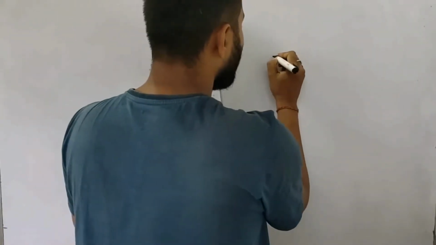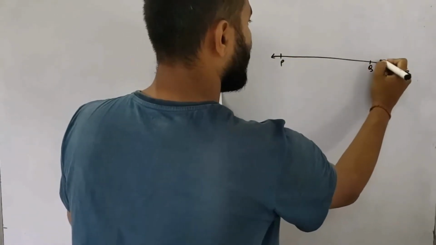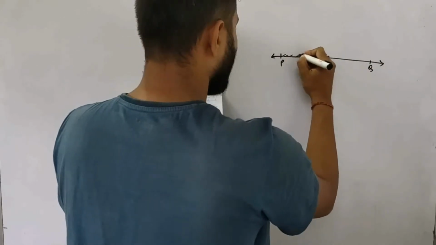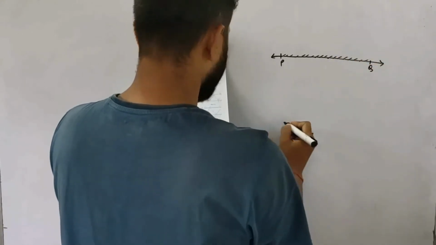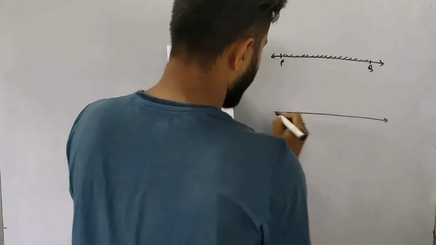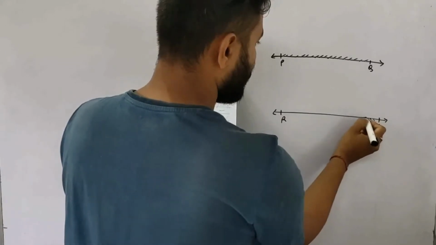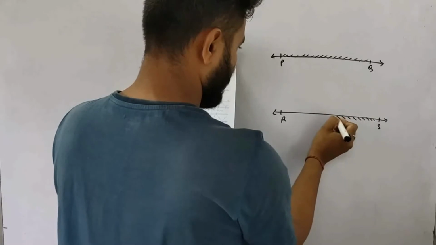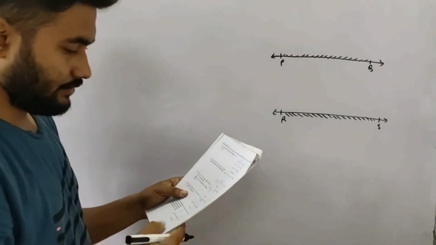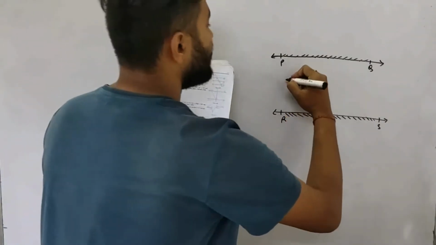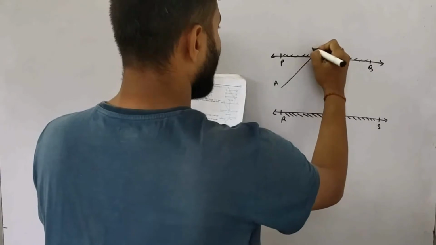So draw the diagram, everyone. See, this is the incident ray, given as AB.